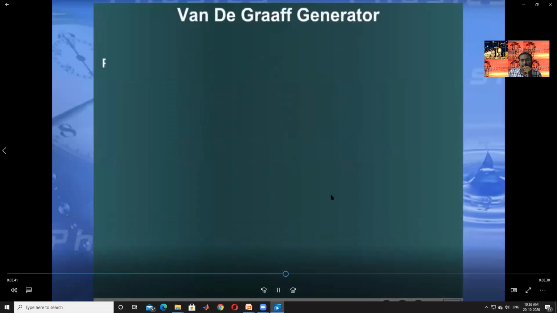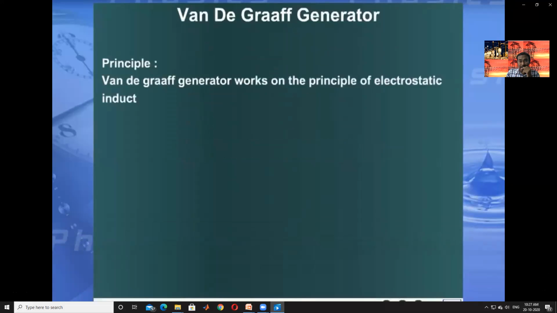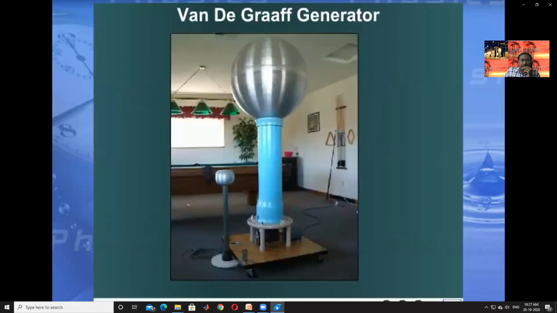Van de Graaff generator principle. The Van de Graaff generator works on the principle of electrostatic induction and action of points. This animation describes the parts and working principle of the Van de Graaff generator.